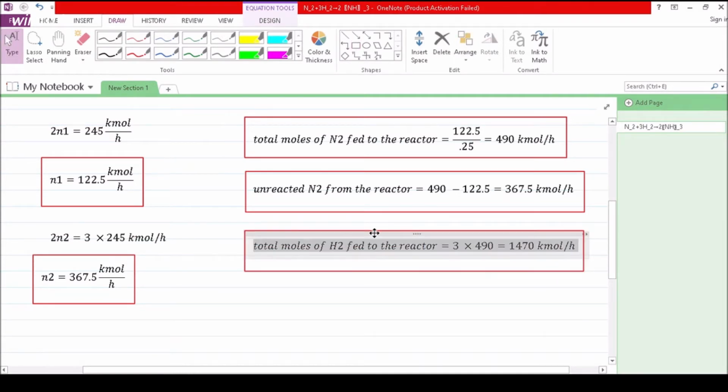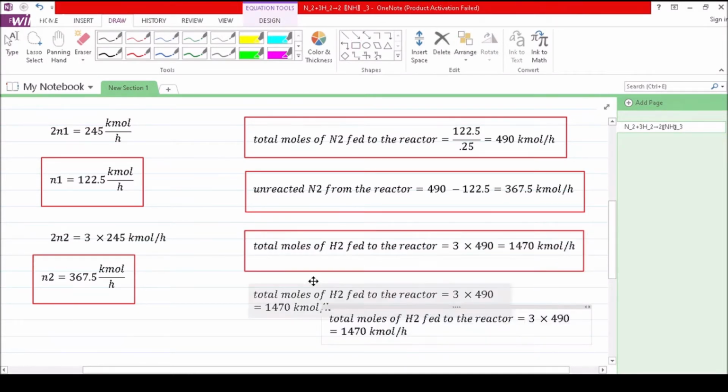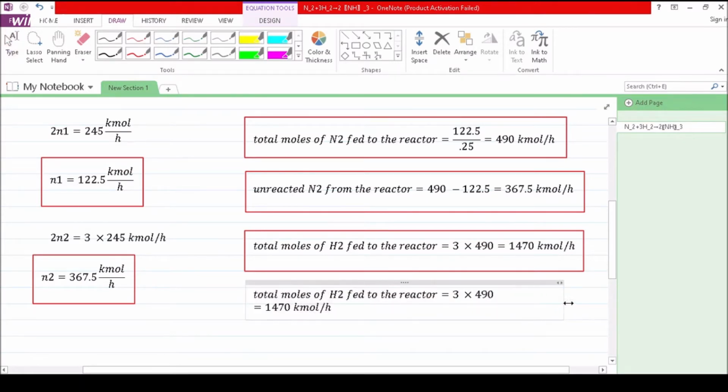And from this, we can also get the total moles of unreacted hydrogen from the reactor.